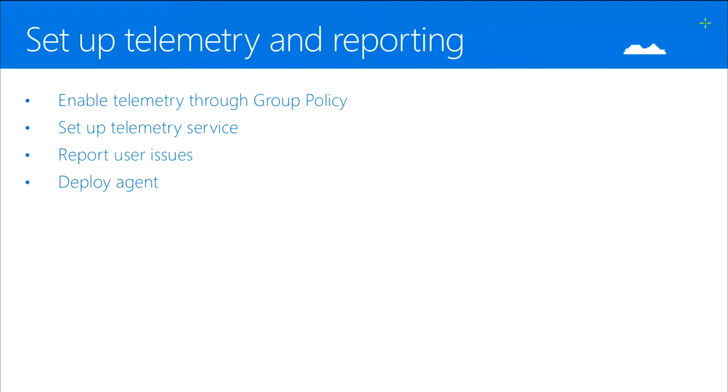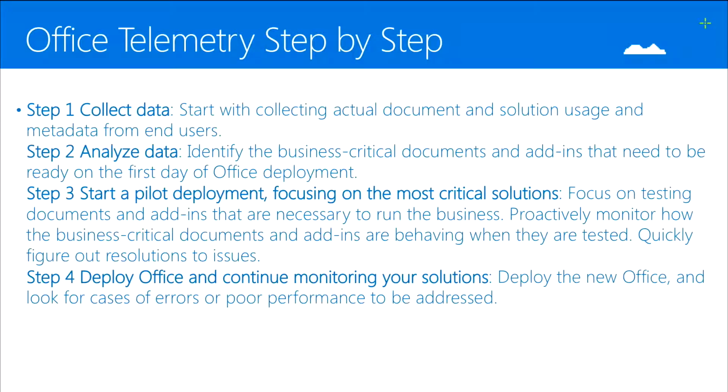Again, you can enable this through group policy. You can set up the telemetry service, and you can then view any potential reports afterwards. Again, if you plan to do the exam, take a look at some of the TechNet articles here. They're actually very, very useful.